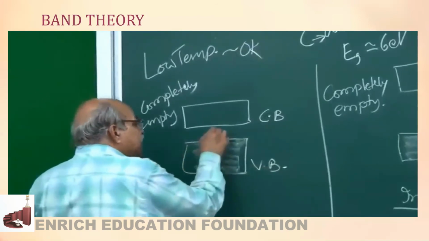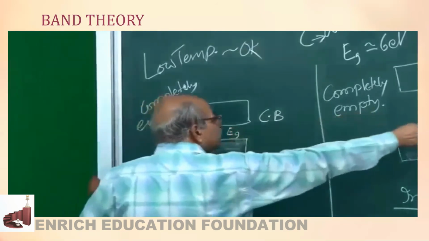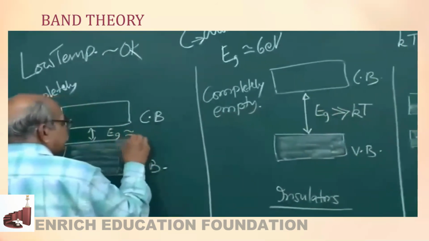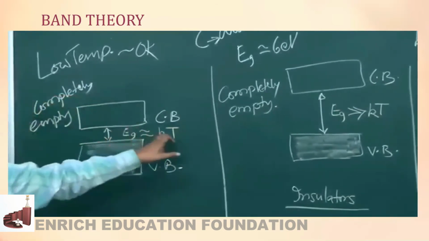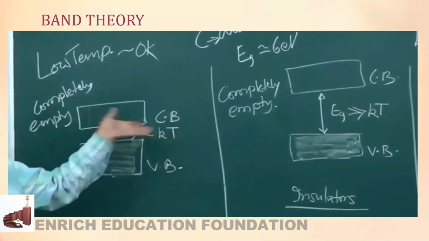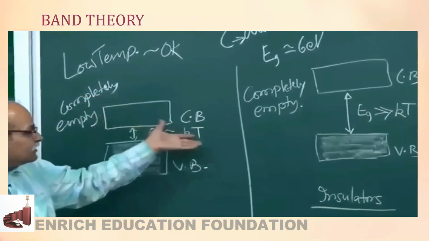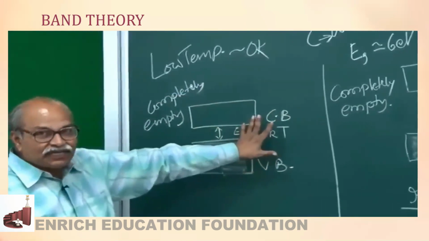But this gap Eg is not very large as compared to KT. I am writing this symbol, but 10 times of this, or 15 times of this, or 20 times of this, or even some 50 times of this is also reasonable for us.